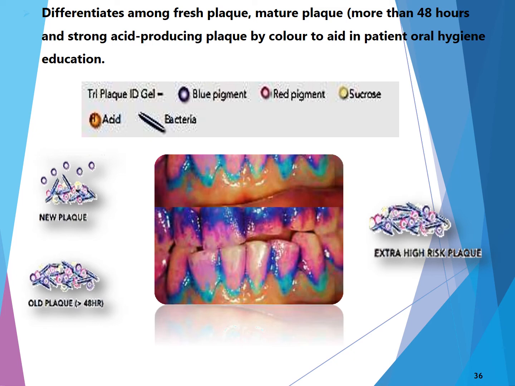They differentiate among fresh plaque, mature plaque, and strong acid producing plaque by color to aid in patient oral hygiene education. The light pink color plaque is the newly formed plaque, the dark blue color plaque is the plaque which is formed beyond 48 hours, and the light blue plaque is the acid producing plaque.